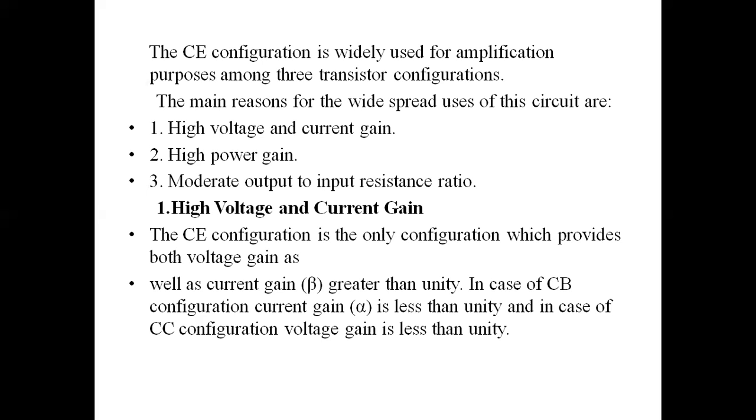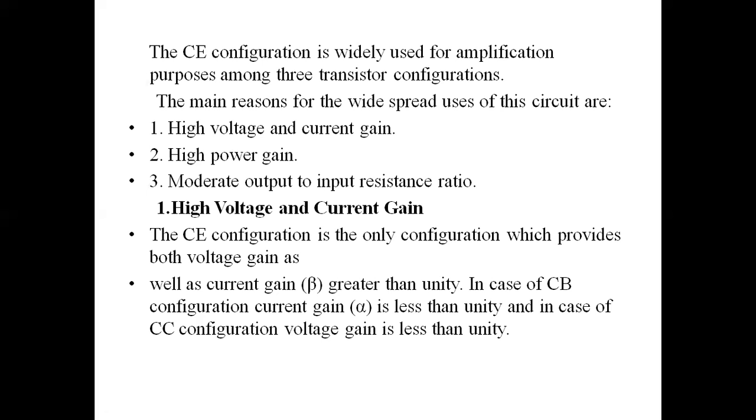First one, high voltage and current gain. The common emitter configuration is the only configuration which provides both voltage gain as well as current gain, that is beta, greater than unity. In the common base configuration, the current gain, which we treat as alpha, is less than unity.